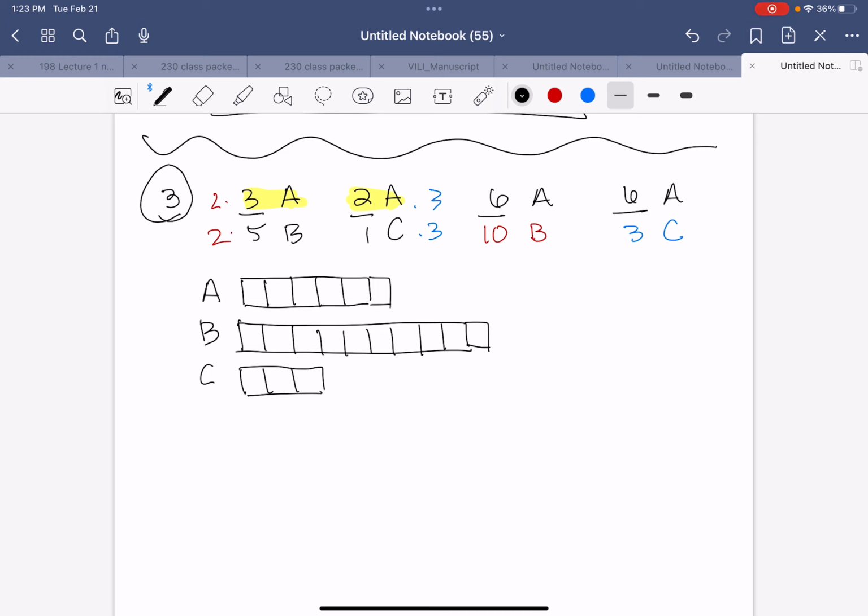Okay, so now it says 3.4 million in revenue more for B than A. So B than A. I do have more boxes for B than I do for A. I have 4 more boxes. So those 4 boxes has to be the 3.4 million.